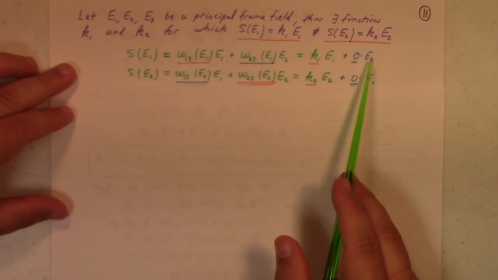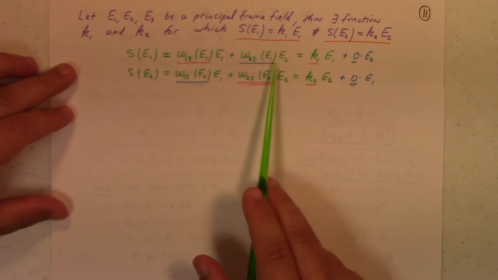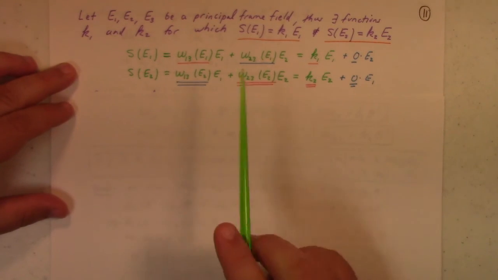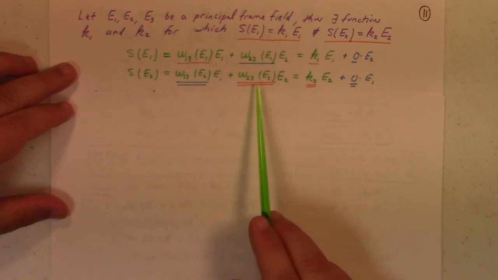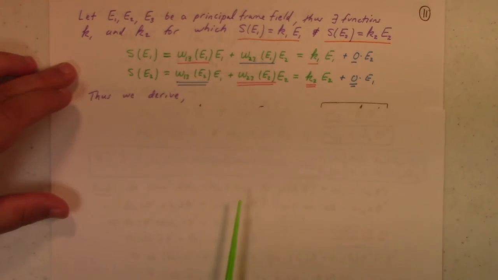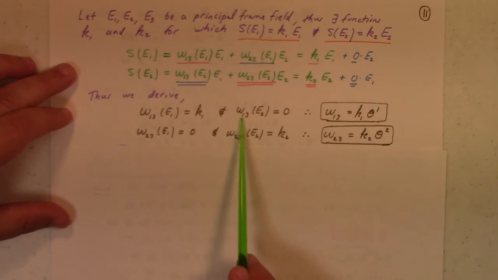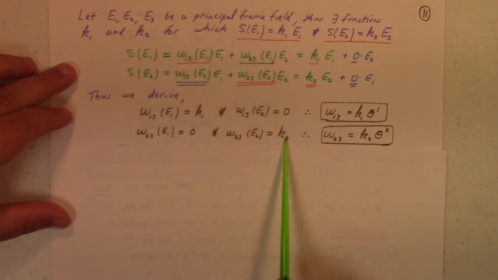Linear independence of the adapted frame, though, tells me that what's underlined in red has to be equal, what's underlined once in blue has to be equal, and likewise for S of E2, the double underline in blue has to match the double underline in blue, and likewise for the double underline in red. And so there you have it. We have then derived that omega 1 3 1 is k1, omega 1 3 2 is 0, omega 2 3 1 is 0, omega 2 3 2 is k2.